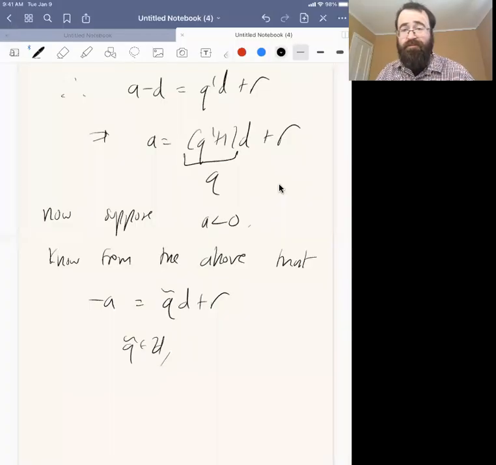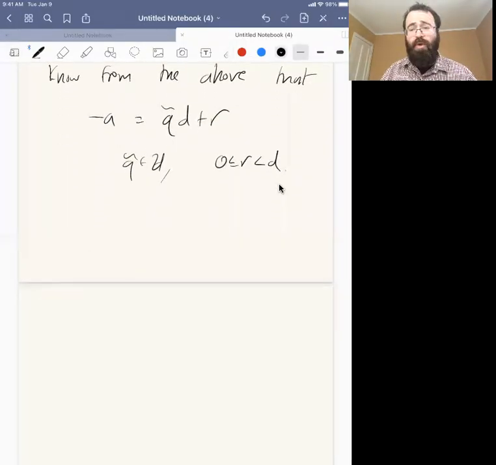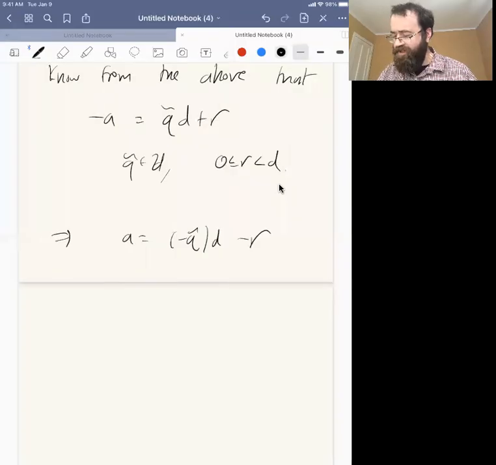Now it will be a negative number, and R is in the range that we like. Okay. So of course I can negate this whole equation, and I can get that A is minus Q tilde D minus R.